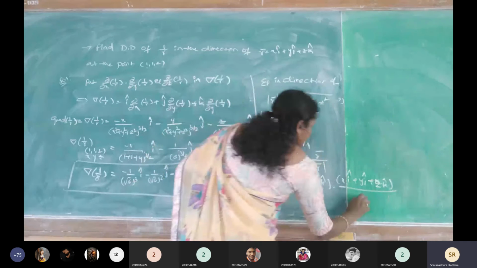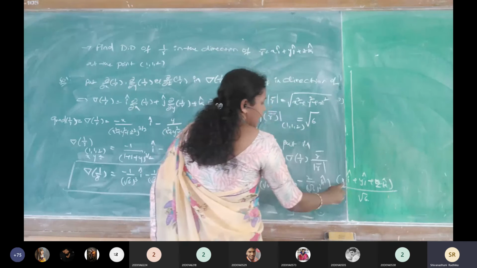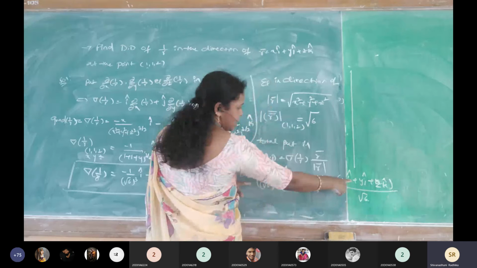That value is root 6. Here we multiply two vector point functions.